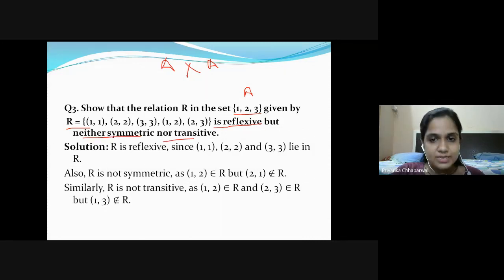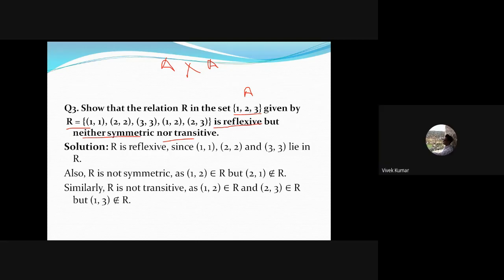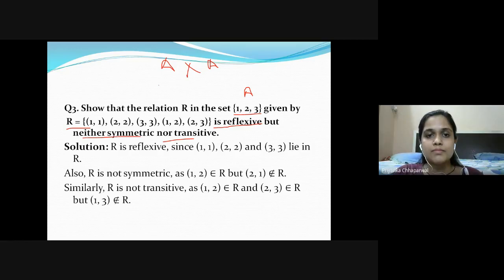So first of all, what is the condition for reflexive? Yes, student, what is the condition for reflexive? Ma'am, every element of A belongs to A. Yes, he means whatever element is in A, the identity elements (a, a), all (a, a) belong to R. So here what is R?